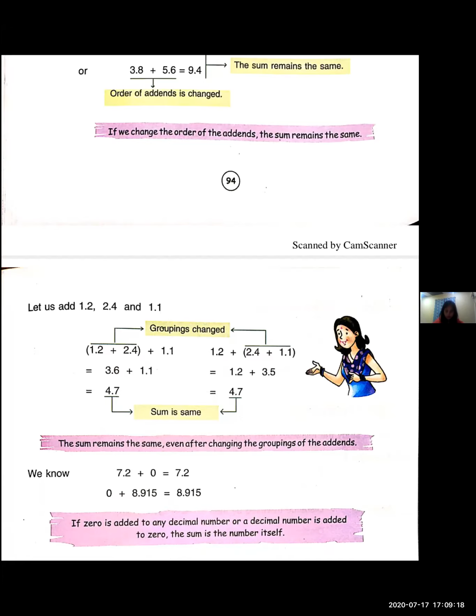Now after the properties of addition, we will learn how to subtract decimal numbers. For subtracting decimal numbers, we follow the same rule as we did in addition of decimal numbers.